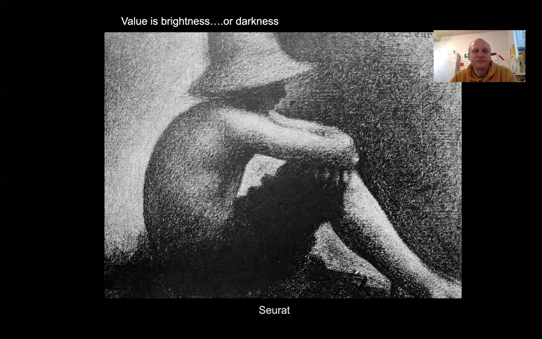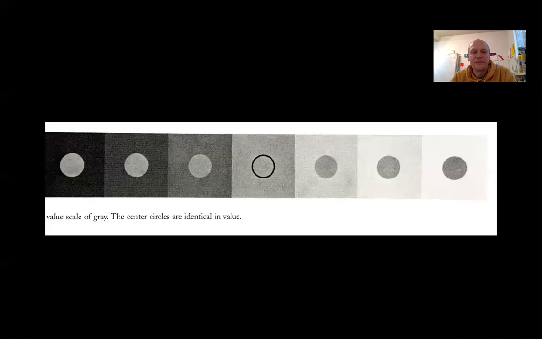Okay, value. In our use of the word, value is brightness or darkness, so not worth. We're talking about brightness and darkness. And you see in a work like this, the abutting values, darkness and lightness, are making implied lines. So this is a grayscale, and this shows an interesting effect.